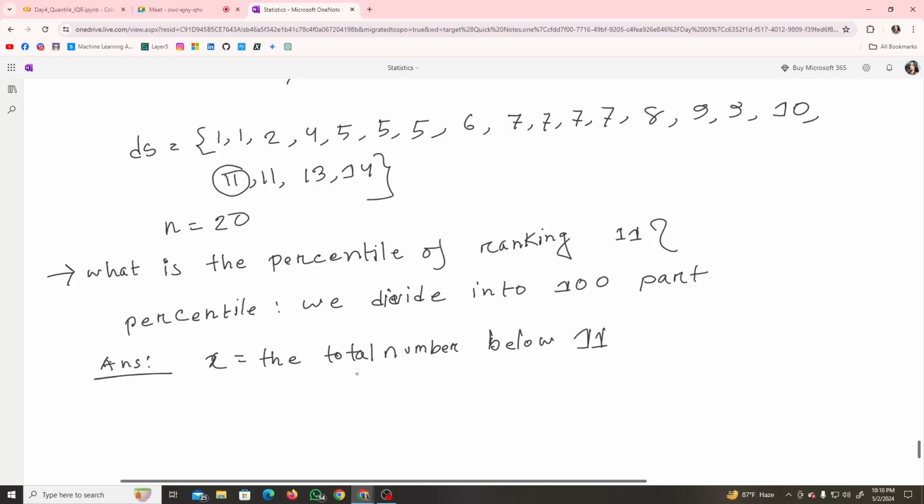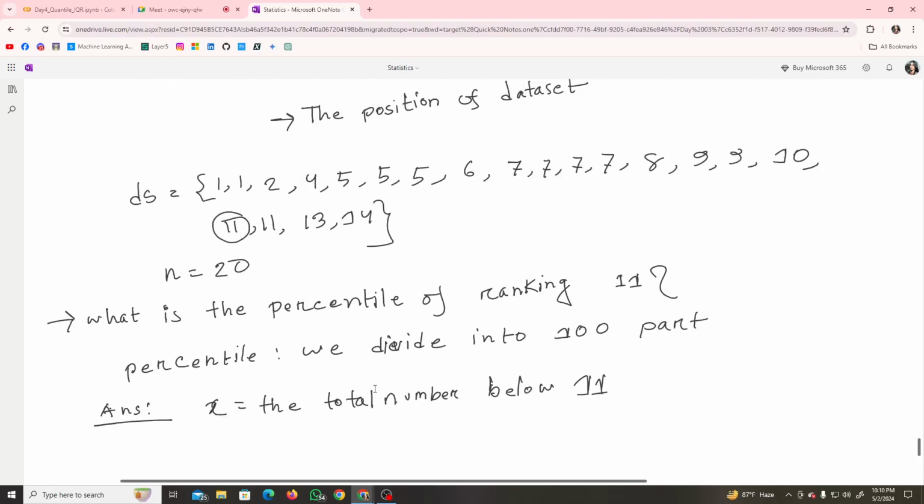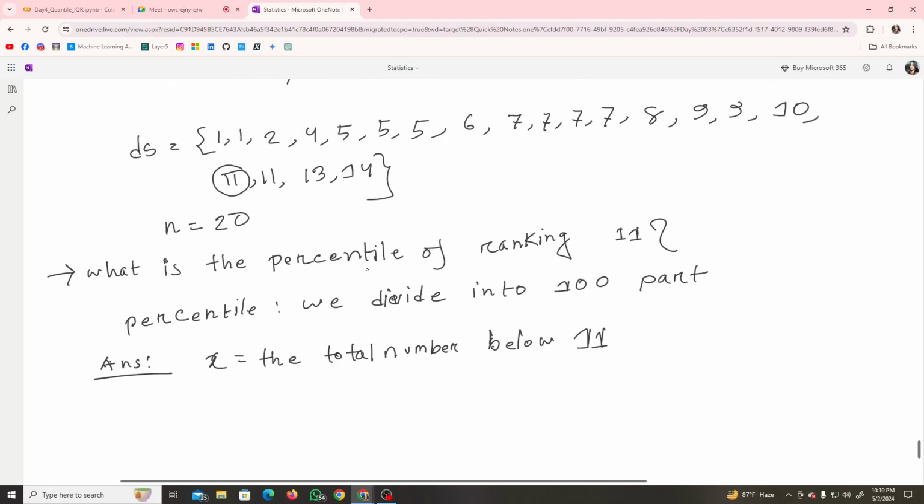And below 11, we have 1, 2, 3, 4, 5, 6, 7, 8, 9, 10, 11, 12, 13, 14, 16, 17. So this is 17.